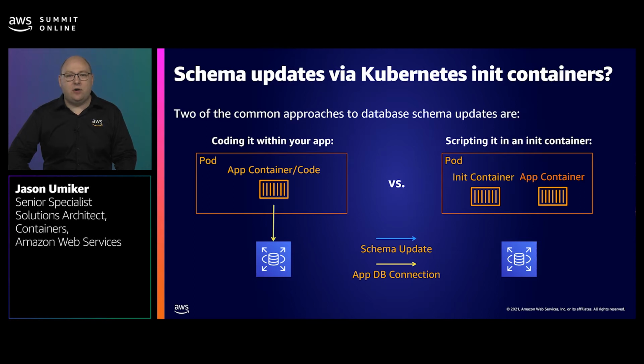If, however, you don't have access to the code or you'd prefer to separate this from your code, then Kubernetes init containers can help here. Basically, in your pod spec, you can say, I want an init container to come up first before my app container. You can then embed a SQL client and your scripts to perform the upgrade in that init container, and only once that process is finished will Kubernetes start your app container.